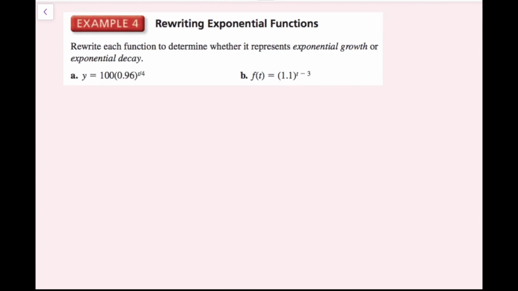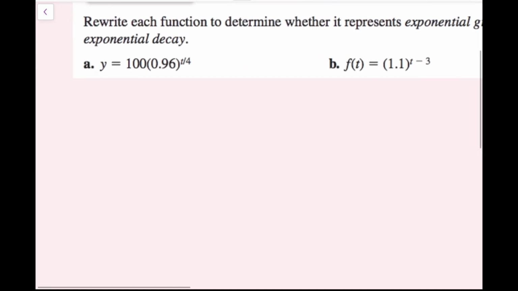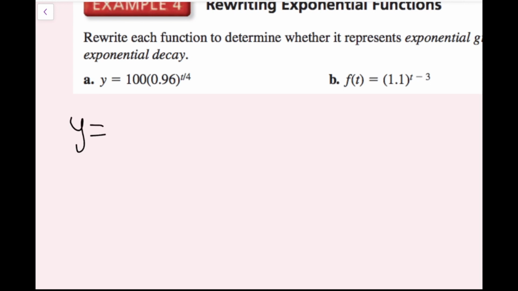For example 4, we're going to rewrite each function to determine whether it represents exponential growth or exponential decay. So remember, I can rewrite this fractional exponent here for part A, y equals 100 times 0.96 to the t over 4 power. I'm going to zoom in here for a second. So I can rewrite this as y equals 100 times 0.96.